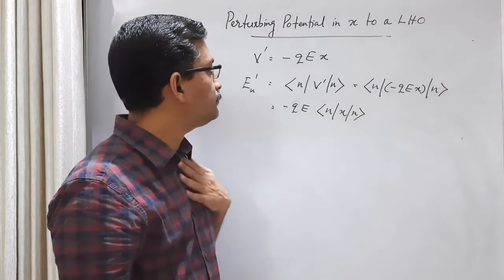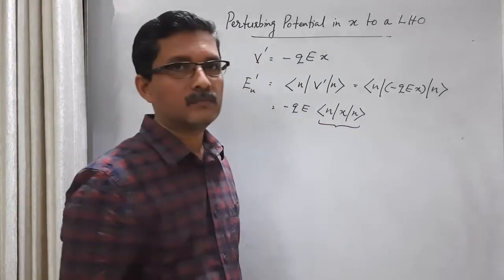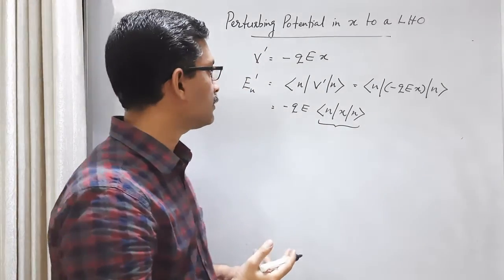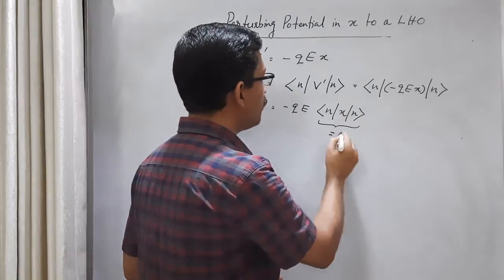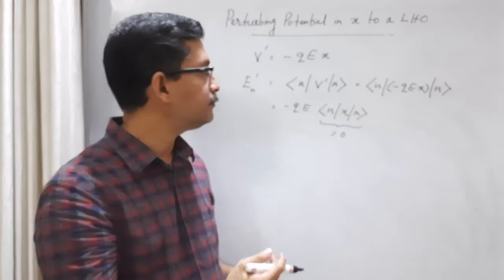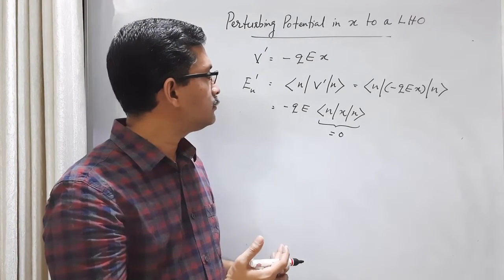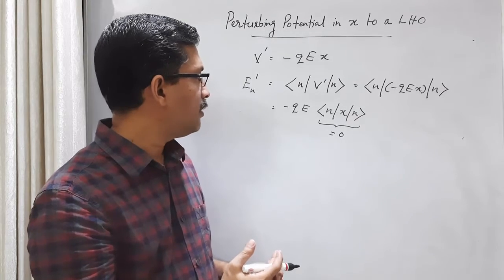Now, for the unperturbed harmonic oscillator, the expectation value of x is always 0. Why is this so? We can argue it in many ways.